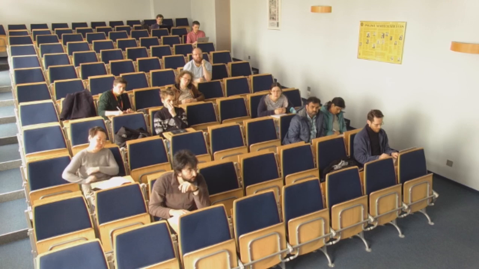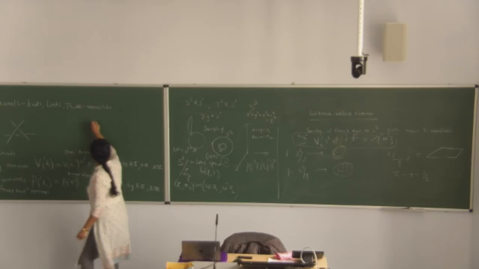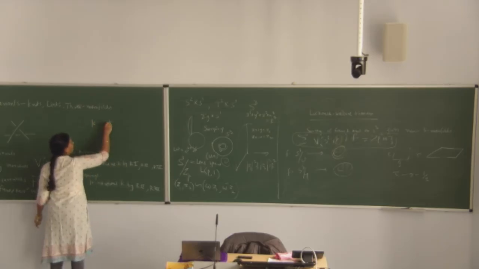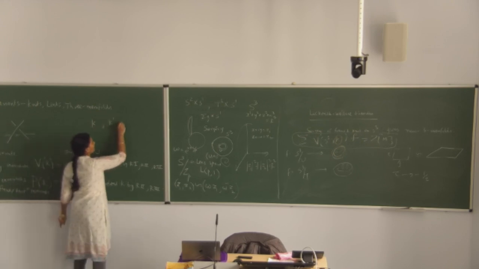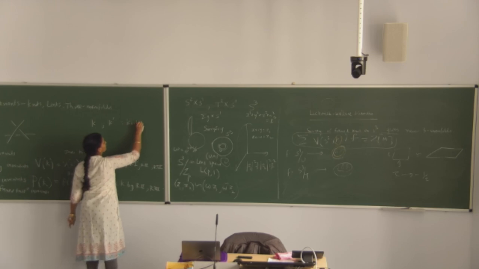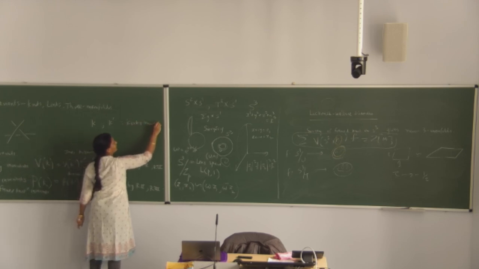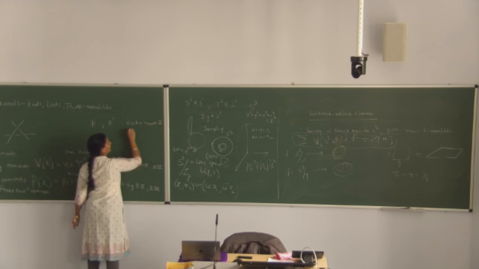There can be a knot K and a K prime which are related by Kirby moves, 1 or 2.